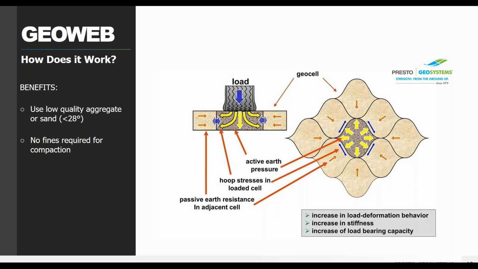So each cell helps support the one around it. And in this way, the system significantly increases the apparent bearing capacity of the soil. The GeoWeb cell walls also transfer hoop stress. That's going to be those blue arrows in the diagram. And this is going to be important for keeping the system intact and creating what we call the mattress effect.